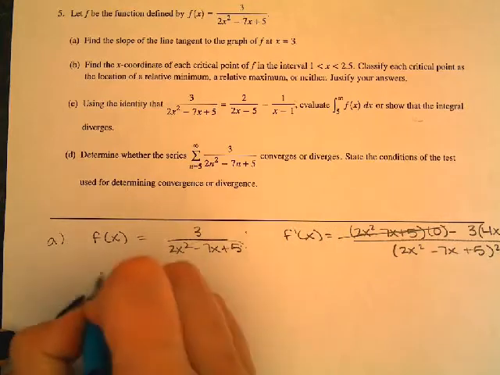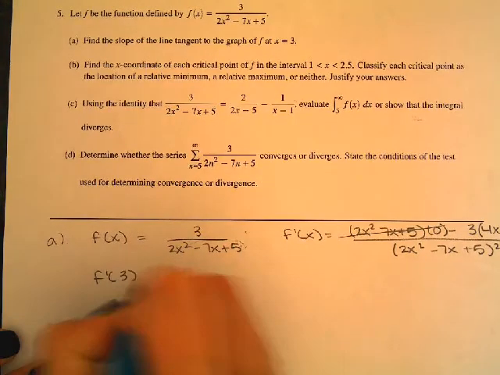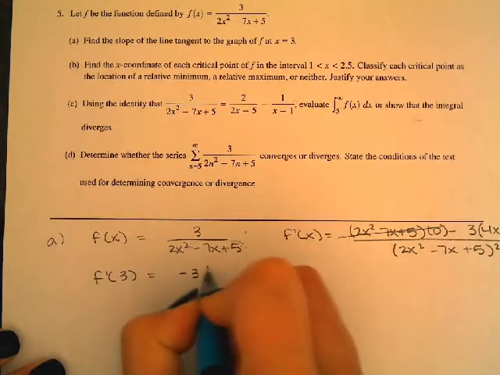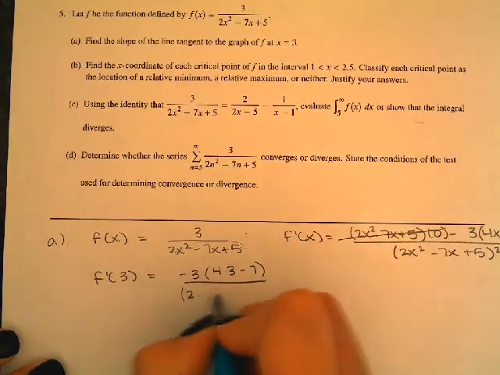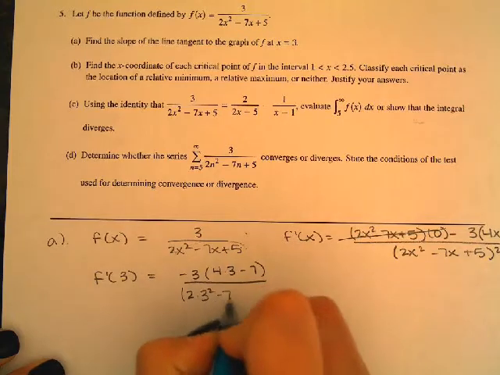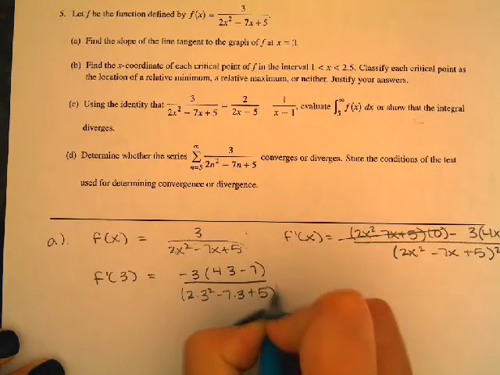So now I can go ahead and do f prime of 3, and I have -3, 4 times 3 minus 7, over 2 times 3 squared, minus 7 times 3 plus 5.